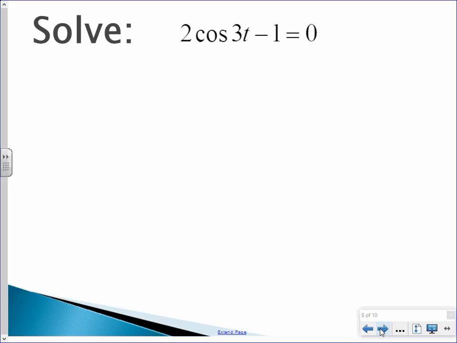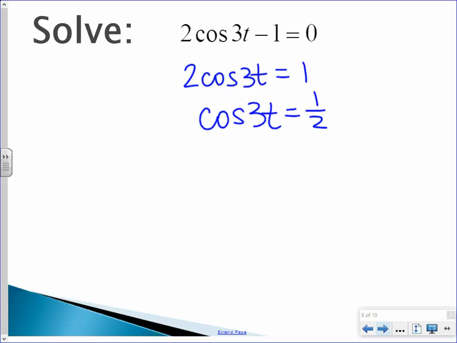Now, we are still going to solve for cosine. So we have 2 cosine of 3t equals 1, and the cosine of 3t equals 1/2. That 3 is stuck inside. You cannot, I repeat, you cannot divide by that 3. That's not how you get it out.